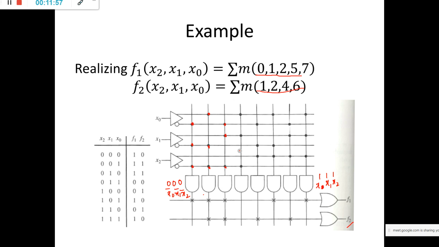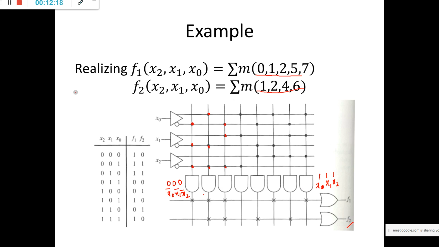Next F2 is having 1, 2, 4, 6. Put a cross mark indicating that the connection is there. It will realize function F2.